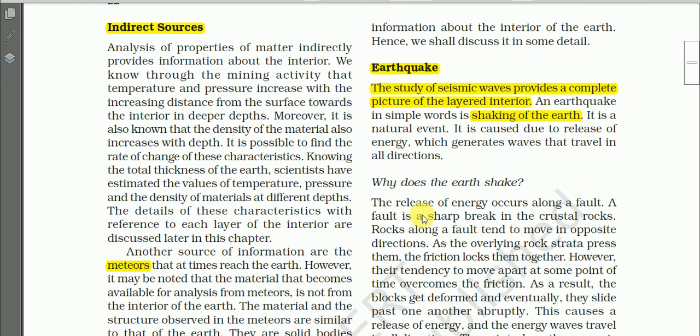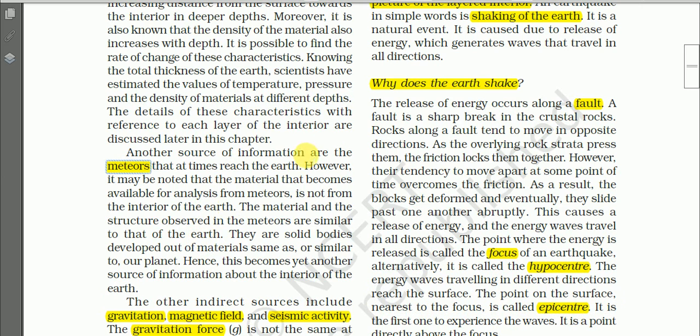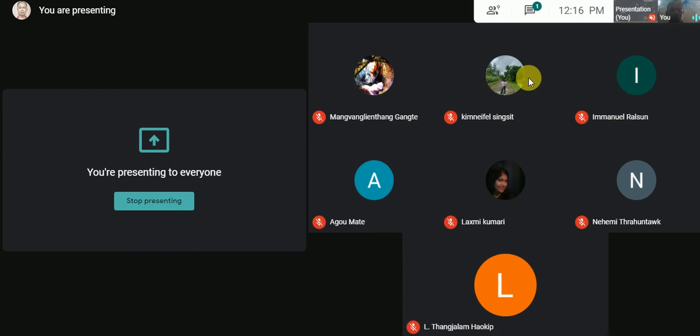Okay, so let us proceed. Next we have the indirect sources of information. The first important indirect source of information is meteors. Can any one of you tell about meteors?